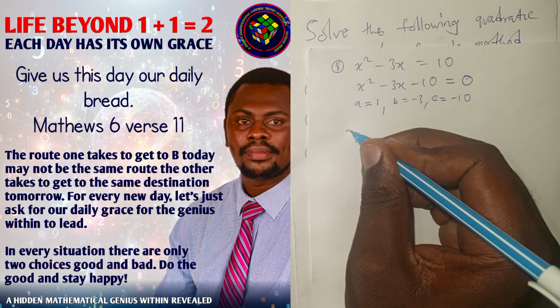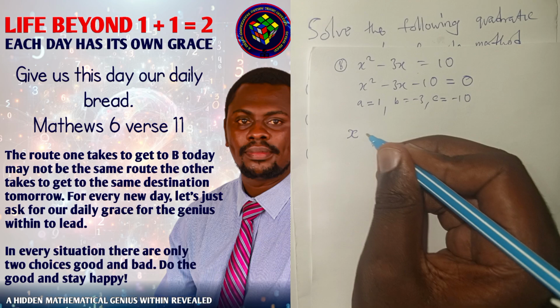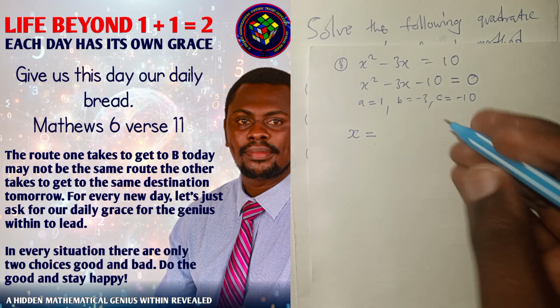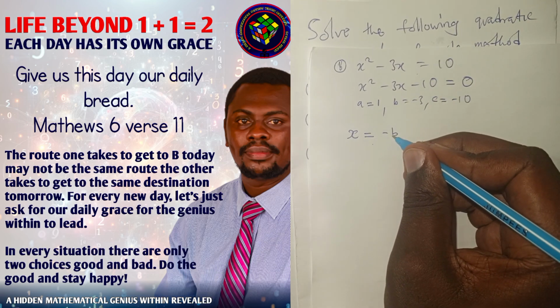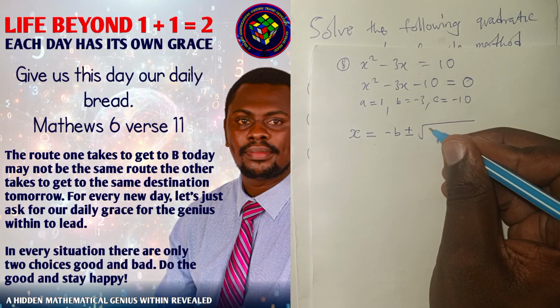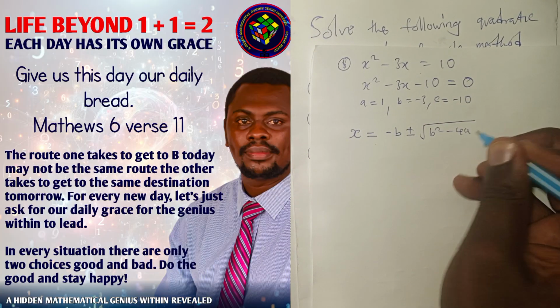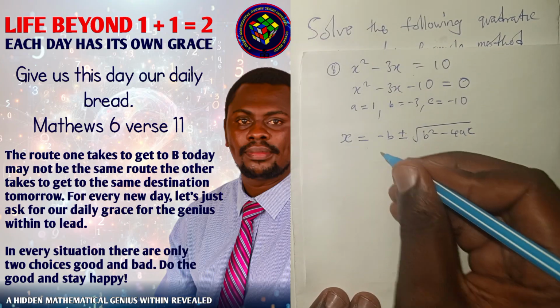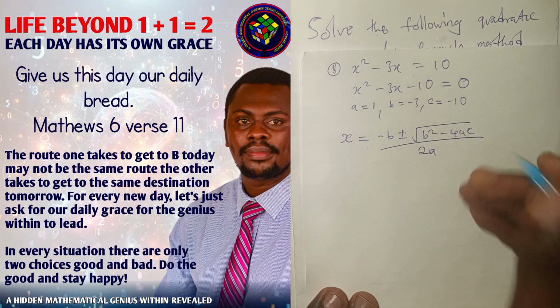So you know that the quadratic equation formula is x is equal to minus b plus or minus the square root of b squared minus 4ac, all over 2a.